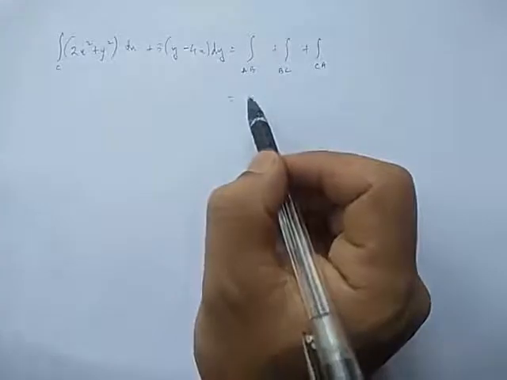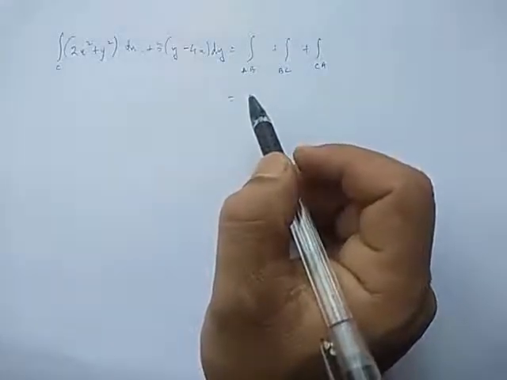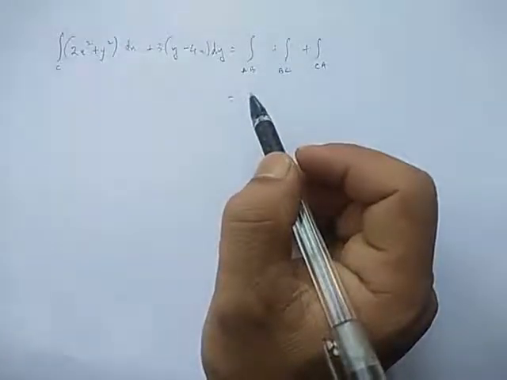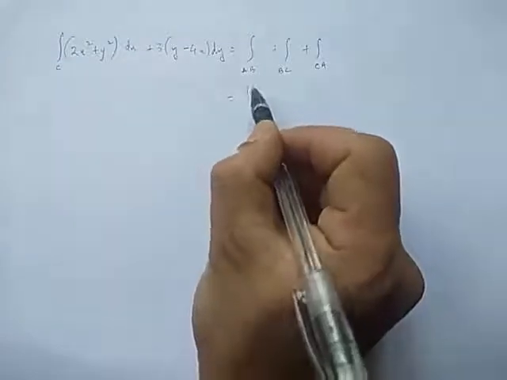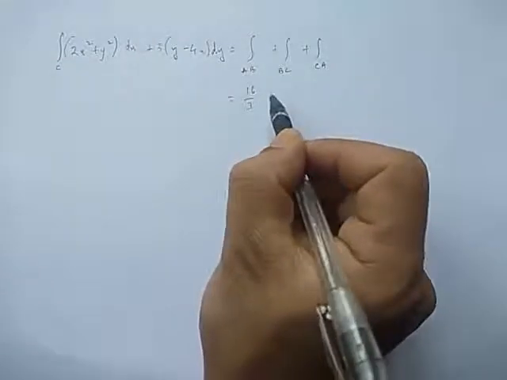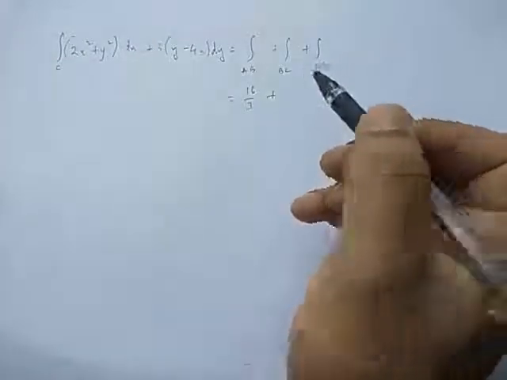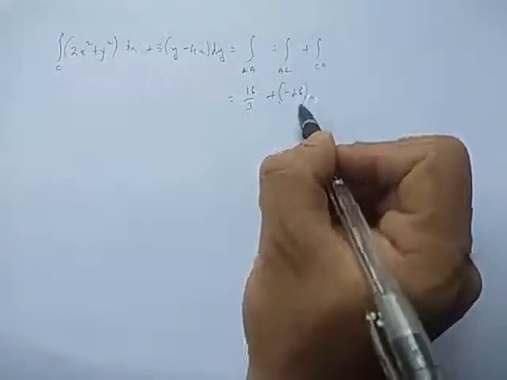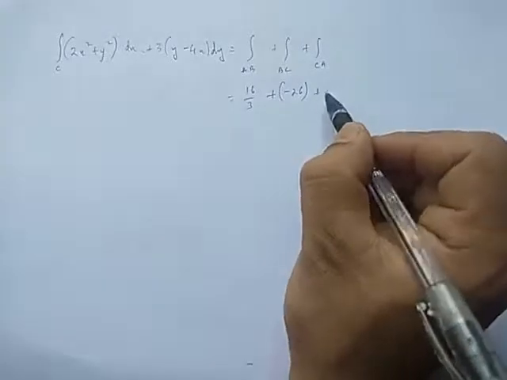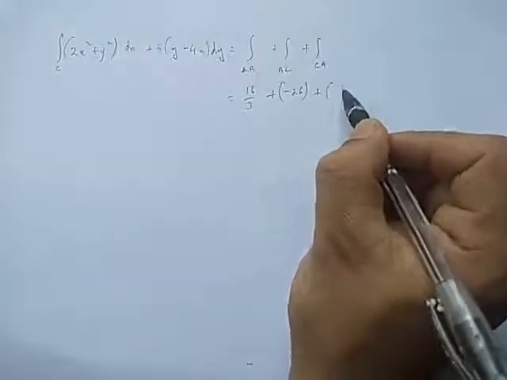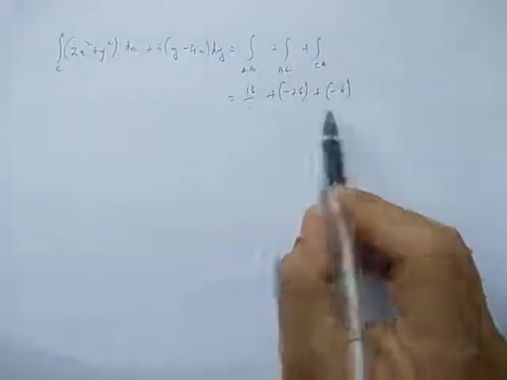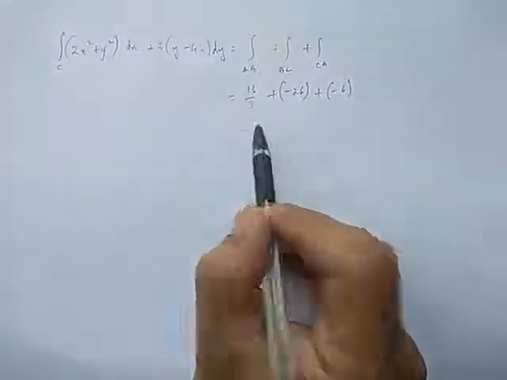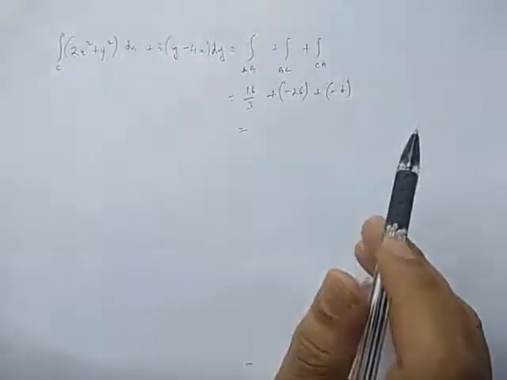So the integration over AB gives me 16 by 3, plus the integration over BC gives me minus 26, and the integration over CA gives me minus 6. So I hope you can evaluate this one. Okay, I'll leave this one.